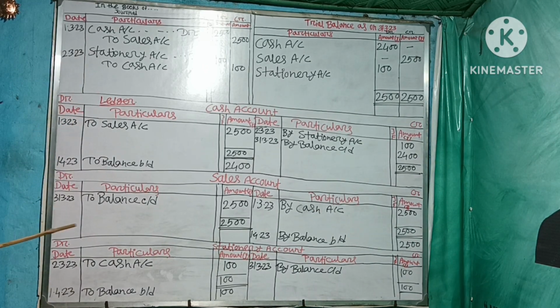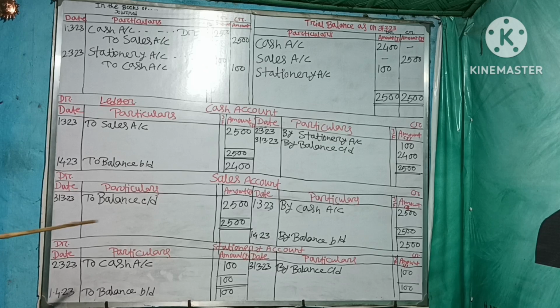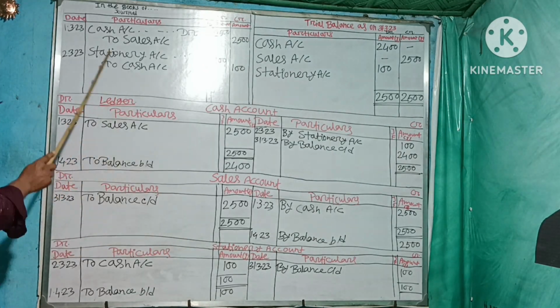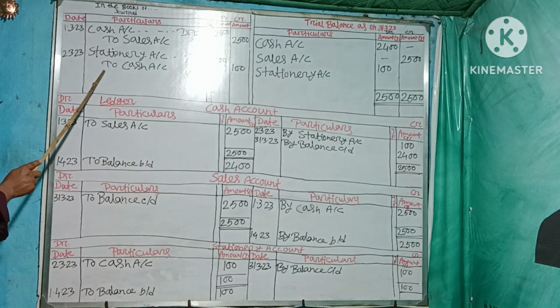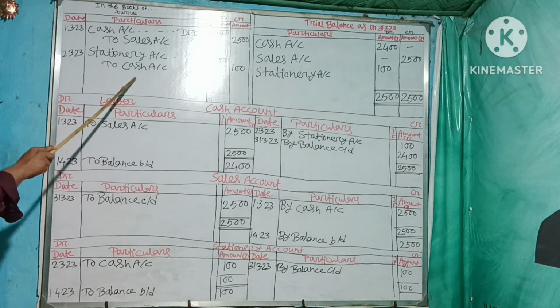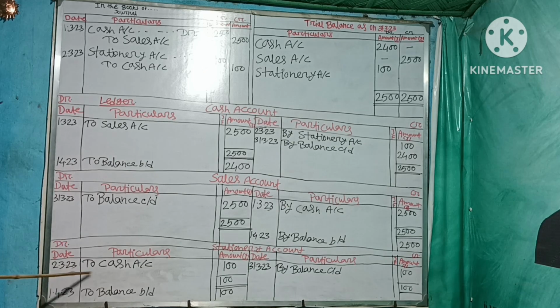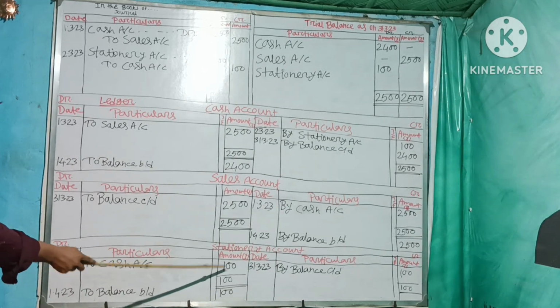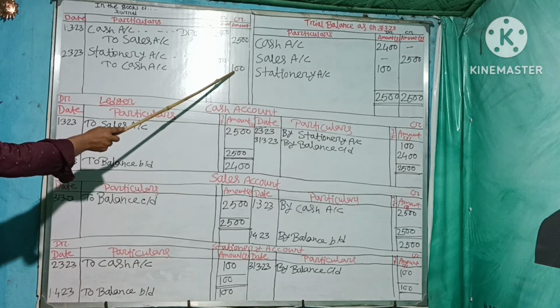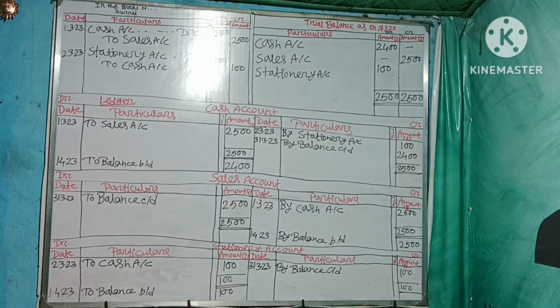Next, come to the next entry. Stationery account debit to cash account. Here we open a stationery account, opposite of stationery account, here to cash account. So in stationery account we write to cash account, on 2nd March to cash account 100 rupees, whatever is mentioned in cash account. Okay.